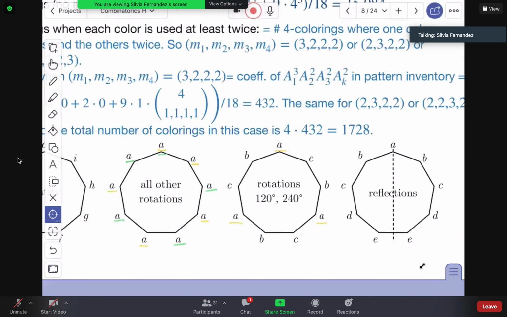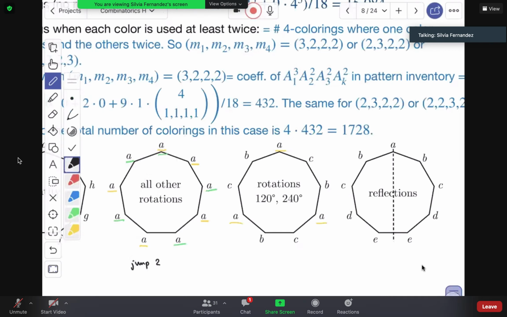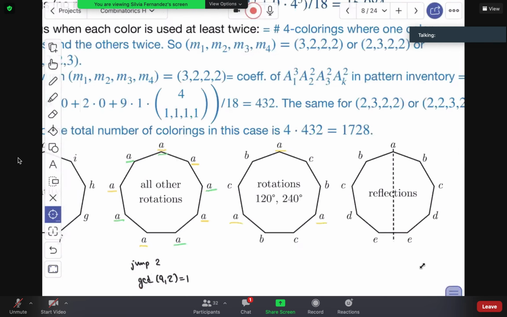But if you are in doubt of when I fill in everything and when I don't, it really is the number, and you already discovered that, I saw in some of the solutions, you're already looking at the GCD of the jump. Like here I did jump 2. For jump 2, the GCD of 9 and 2 is 1, which means that you're going to cover everything.